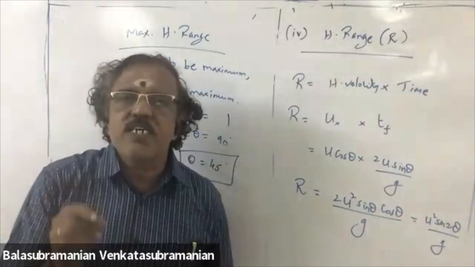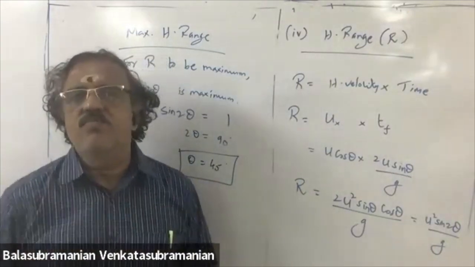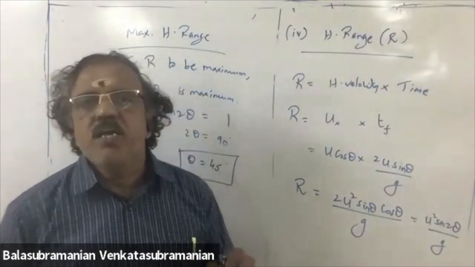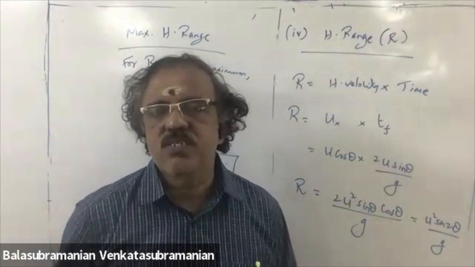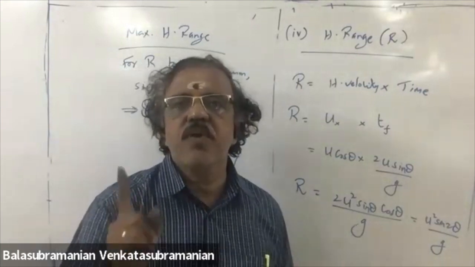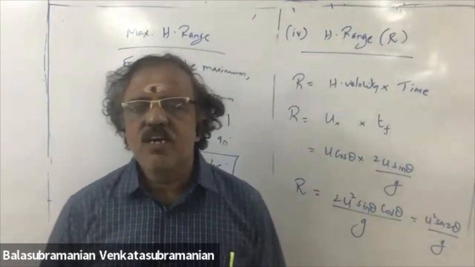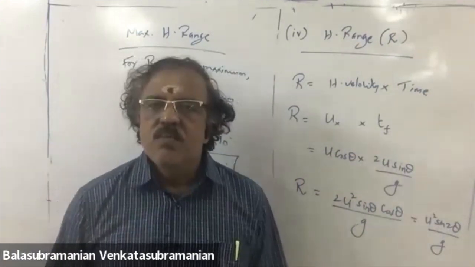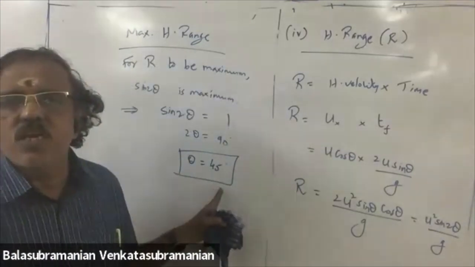So when you project a body at an angle of 45 degree with the horizontal, the body travels maximum distance. The projection should be 45 degree. Any angle you can project, definitely the body will travel, but maximum distance traveling will be at theta is equal to 45.